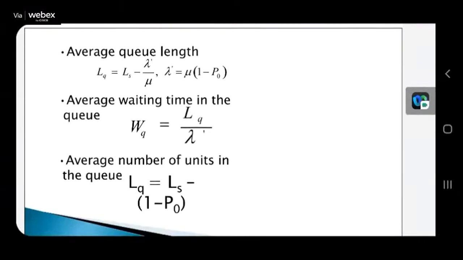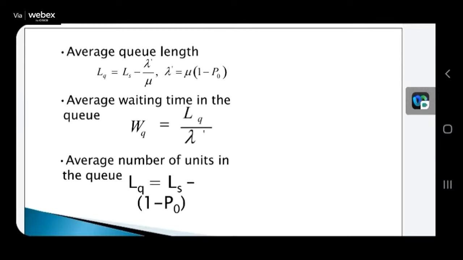Average queue length LQ is equal to LS minus lambda dash by mu. It is very important. Lambda dash is called the effective arrival rate. If you want to learn more about lambda dash, tomorrow there is one problem in which lambda dash is used, and I'll explain everything in detail there.